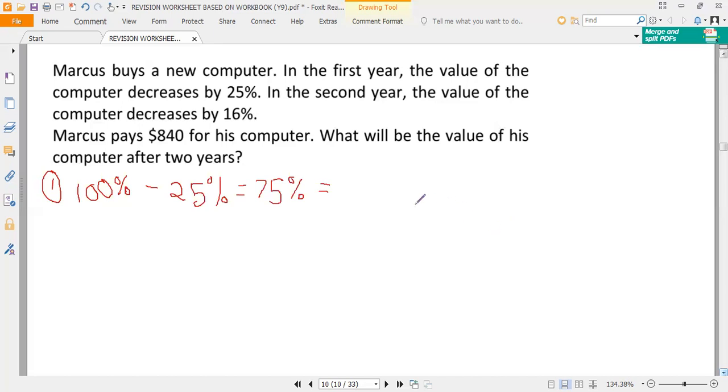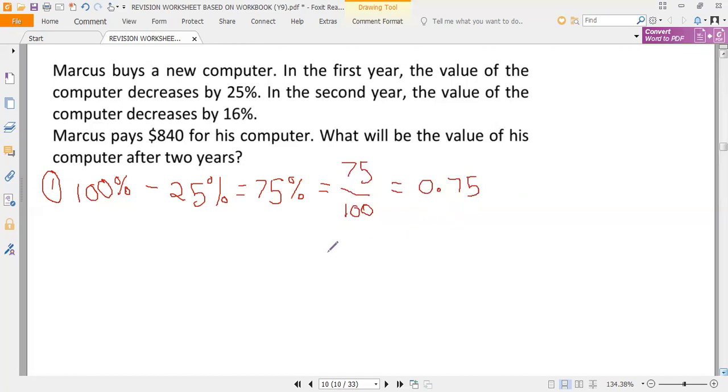Directly use the decimal number. Okay, 75%. It means 75 over 100. Move two places like this. It will be 0.75. So a decrease of 25% refers to 0.75.